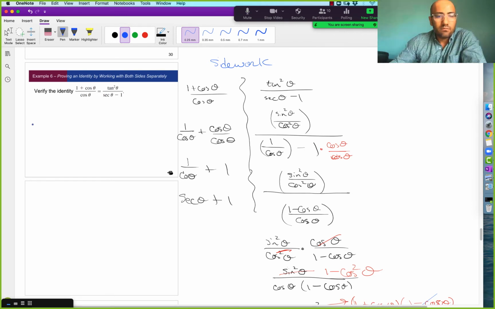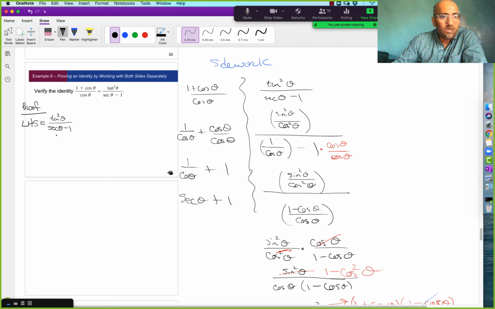Good. Okay, so proof, and it's this. I just need to start off with the formal writing of it. Starting on my left-hand side, that equals tangent squared theta over secant of theta minus 1. Good.